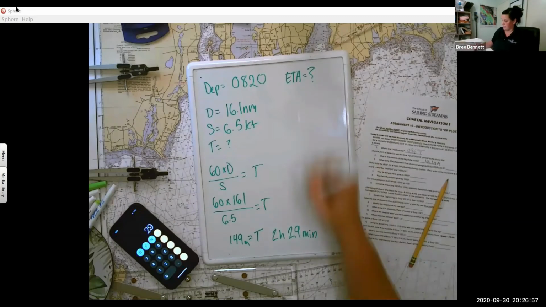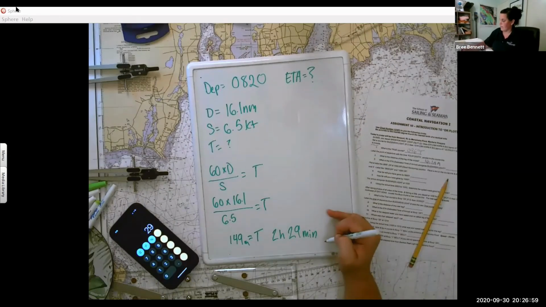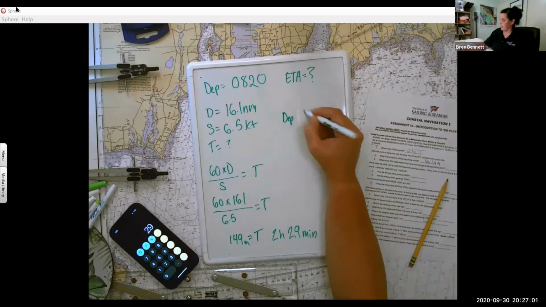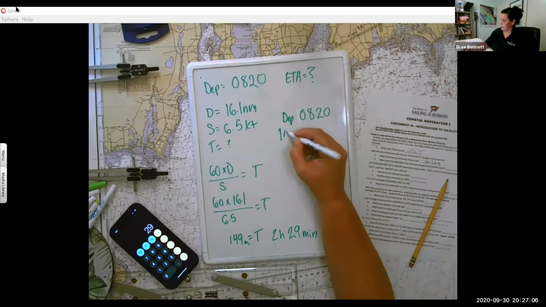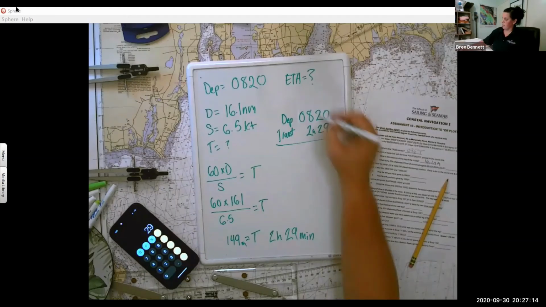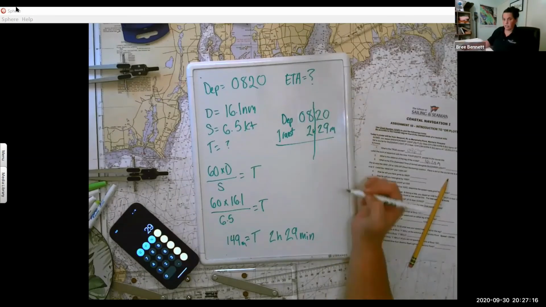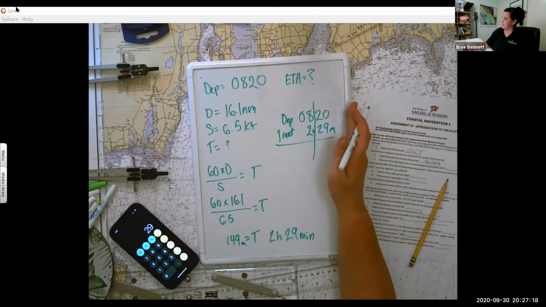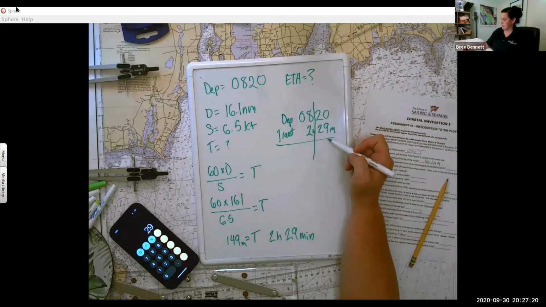So that's my transit time. If I depart at 08:20 and I have a transit time of 2 hours 29 minutes, I'm going to have to add these. So I always start with the minutes. I have 20 plus 29, so that gives us 49.